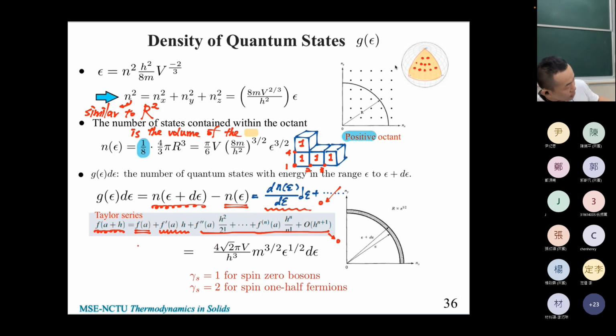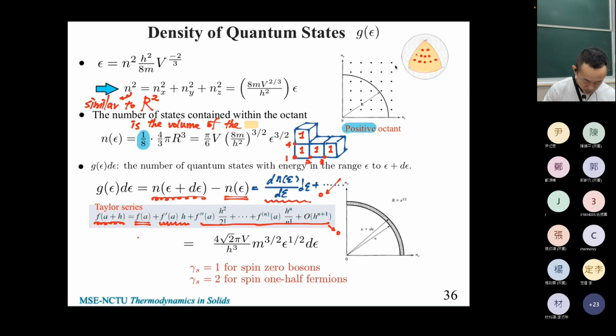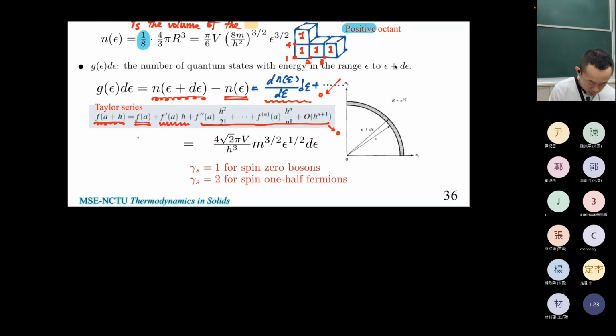When you specify epsilon, specify energy level, you can get the corresponding degeneracy. And maybe you notice that there's a small room before the value, the equations. Okay, here, actually, we have a gamma s.